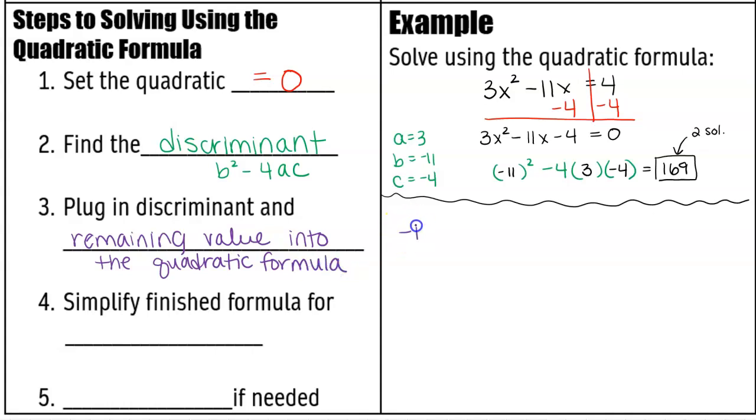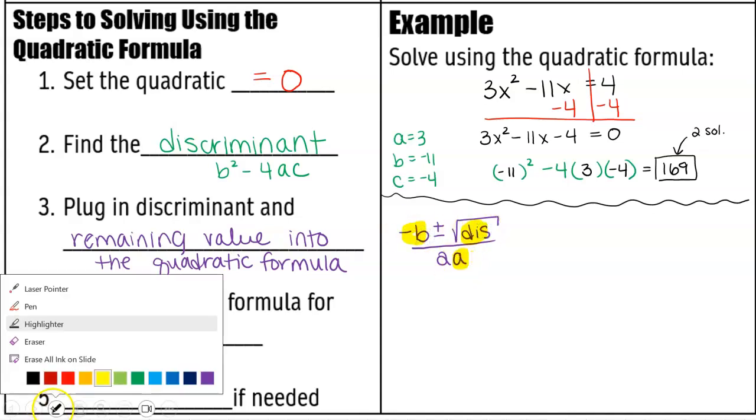Okay, as a reminder, what we are left with is the opposite of B plus or minus the square root of the discriminant all divided by 2a. We are going to be replacing the opposite of B, the discriminant, and that a value.